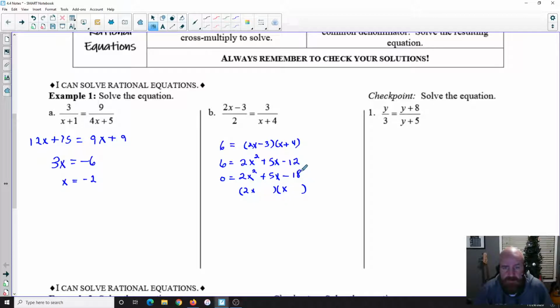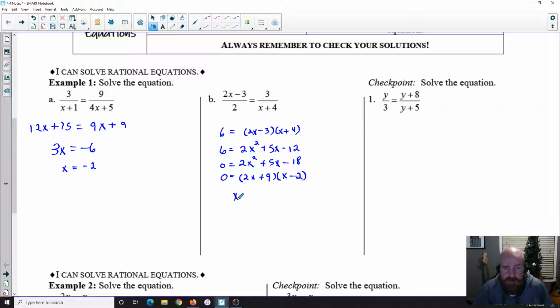Let's go 9 and 2. Yep, 9 and 2 works. So we need a positive 9x and a negative 4x. So we end up with x equals negative 9 halves and x equals 2.